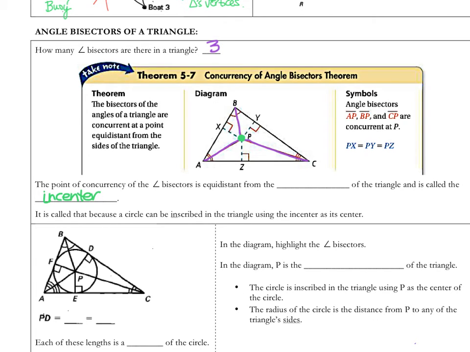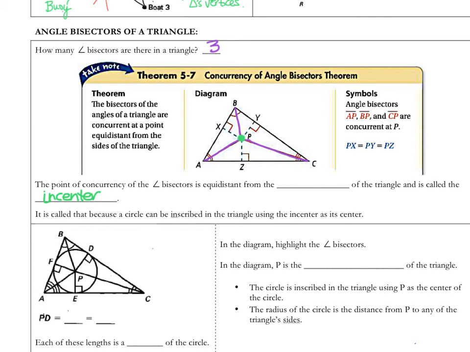Now, using the angle bisector theorem, if you pick a point that is on an angle bisector, then it is equidistant from the sides of the angle. So if you look at just this angle right here, this is an angle bisector. Any point on the angle bisector is the same distance from each side of the angle.